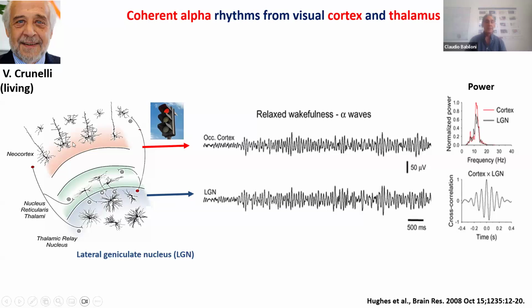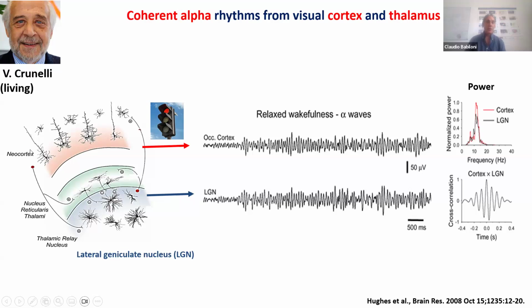In the left part of the picture, you see a model of the cerebral cortex and thalamus. Particularly, you see the cortical pyramidal neurons in the cerebral cortex and thalamocortical neurons in the thalamus, particularly the relay thalamic nuclei of visual system, the lateral geniculate nucleus.